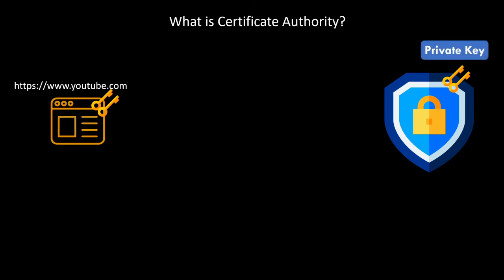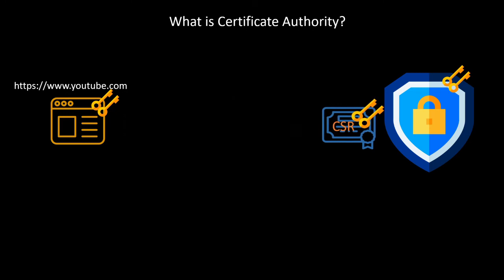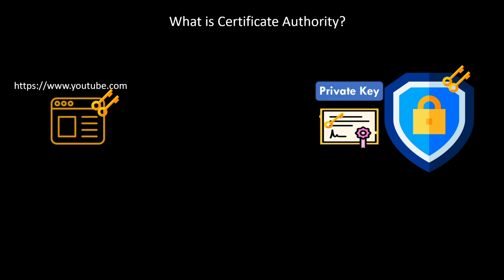To obtain a signed certificate from a CA, youtube.com creates a CSR, that is a certificate signing request, along with the public key, and sends them to the certificate authority. The certificate authority creates a certificate and sends it to youtube.com.